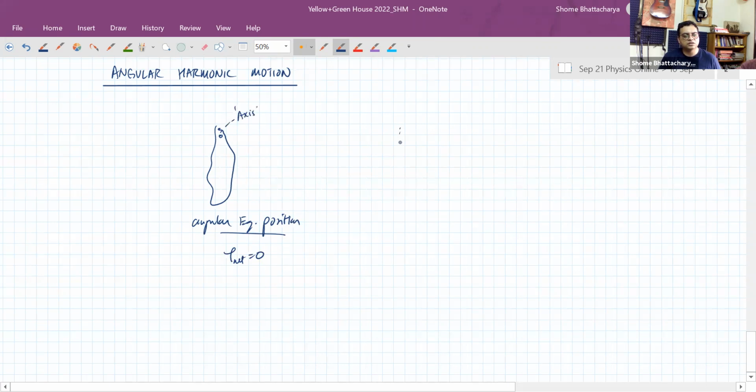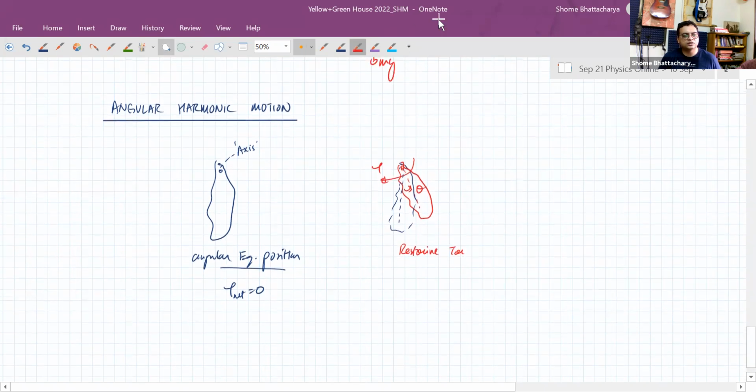And from this equilibrium position, if we take the system to any angular displacement, so we have rotated the system from the equilibrium position to some angular displacement theta, then it should have a tendency because of torque to come back. So there should be restorative torque when given an angular displacement from the mean position on either side.